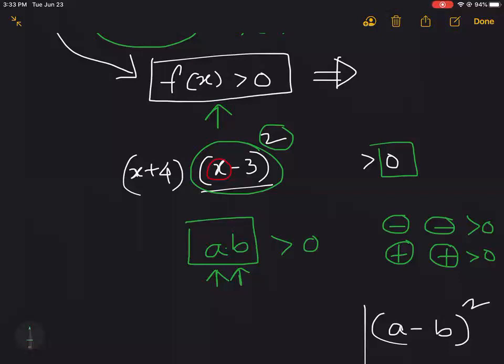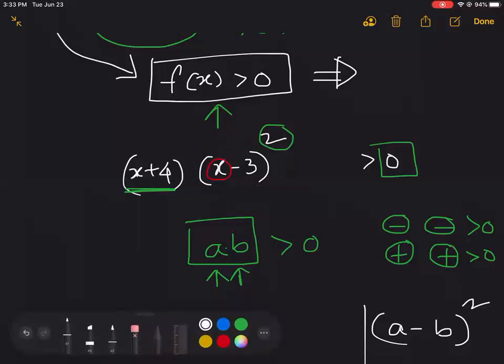Next, what about this guy? Whatever I take for this part, let me use a different color for it.